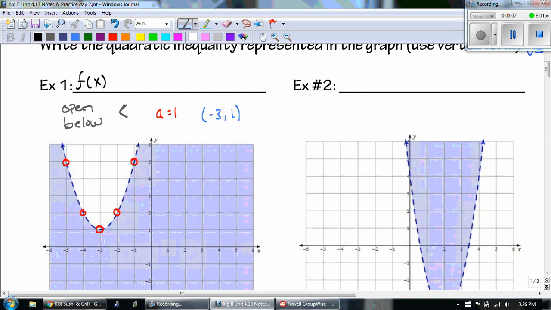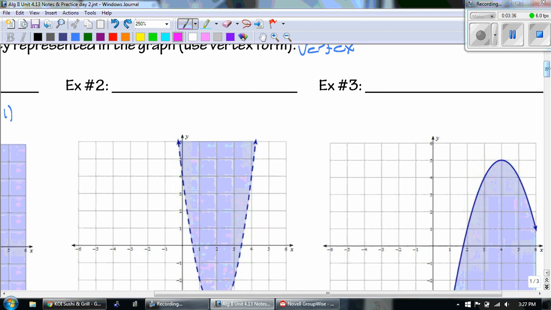So f of x is less than 1(x plus 3) squared plus 1. The key thing I want to emphasize, guys, is the square. Don't forget the square right there, okay? All right, and that's it.